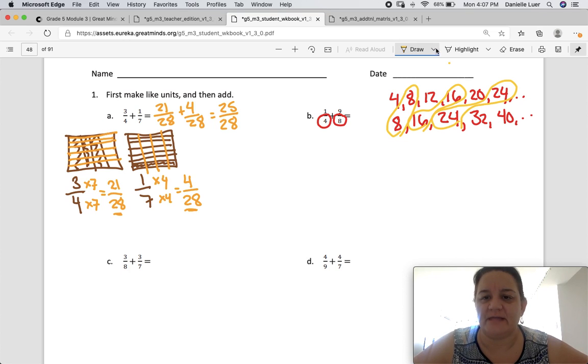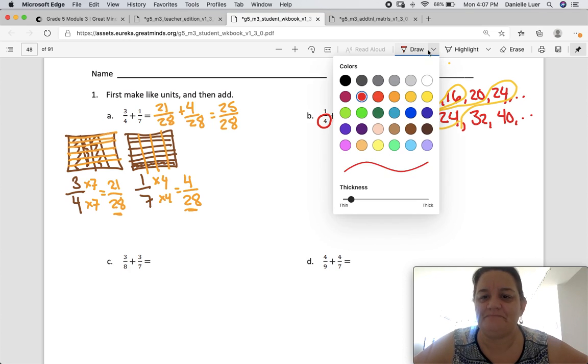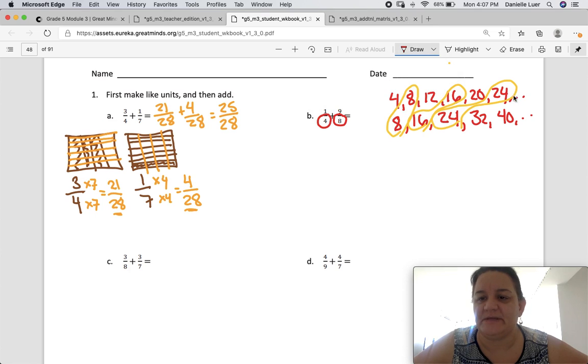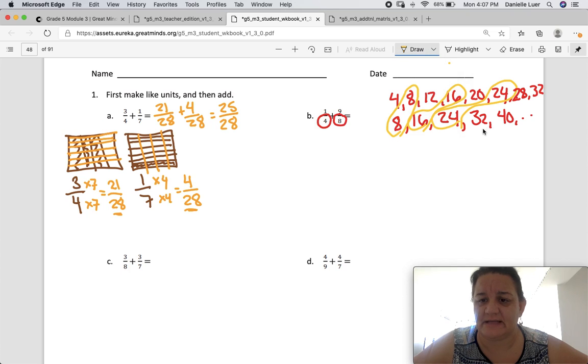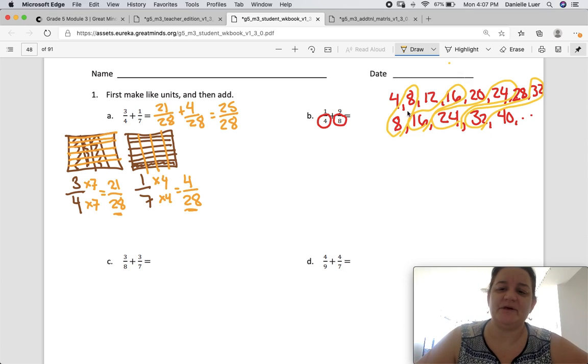I could put that one there too if that makes you feel good. Then I would also have 32 as a common denominator. But I want the lowest common denominator. So the lowest one, the first one, is 8.